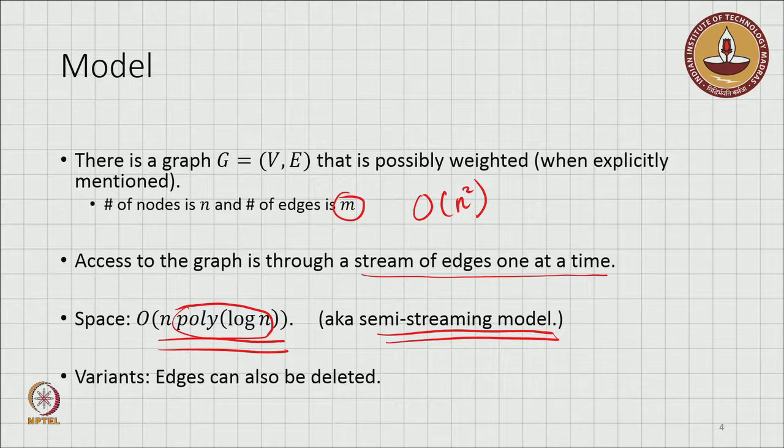So we're going to stick to the basic model, and a lot of times for simplicity we're going to assume that the vertex set is labeled 1 to n. This means that we have n vertices, with integral labels from 1 to n.